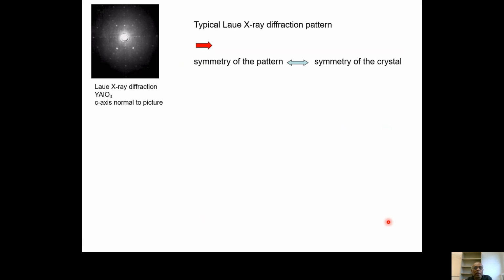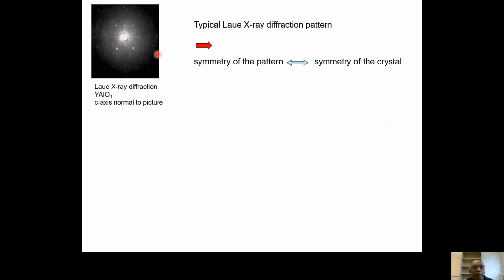Typically, on the left side, I am showing an X-ray diffraction pattern taken from yttrium aluminum oxide. This shows a very regular pattern, right? Looking at this diffraction pattern, somebody can easily see there's good symmetry. They have a nice symmetrical pattern.